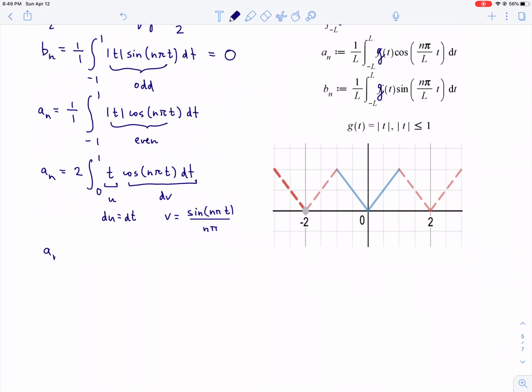an is twice, uv is t sine n pi t over n pi. We evaluate that from 0 to 1. We subtract off the integral from 0 to 1 of v du.